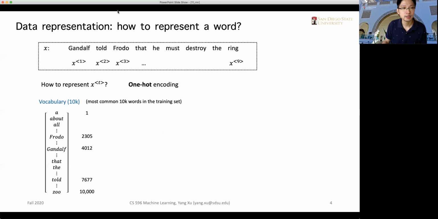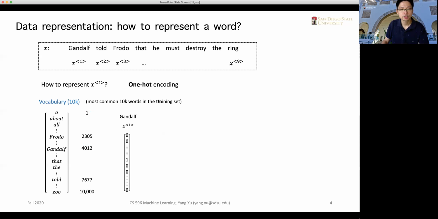So for example, in this case, A has the index 1. And probably the word Frodo is at this position, so 2005 is the index for the word Frodo. And Gandalf is the word here, the index is 4012. So anyway, each word can have its index in the vocabulary.